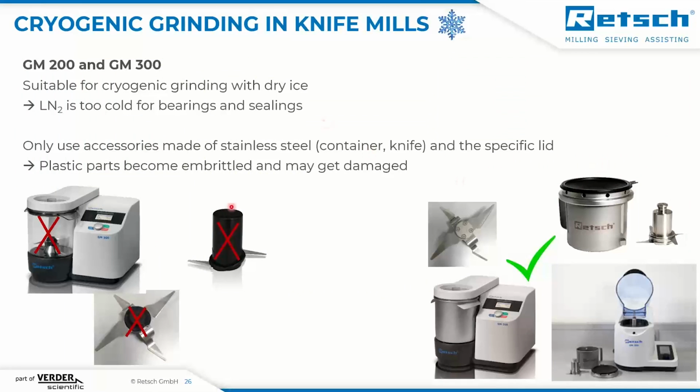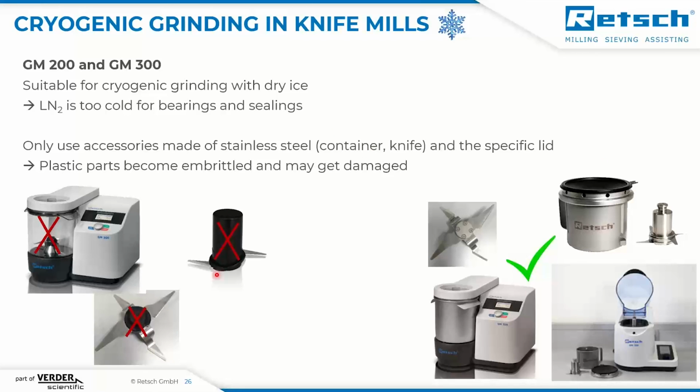So here the standard knives and maybe the standard polycarbonate containers will be embrittled as well when we embrittle the sample and transfer the mixture of dry ice and sample to the grinding container. And hard frozen plastic may break during the grinding process. So this is maybe not the best idea.